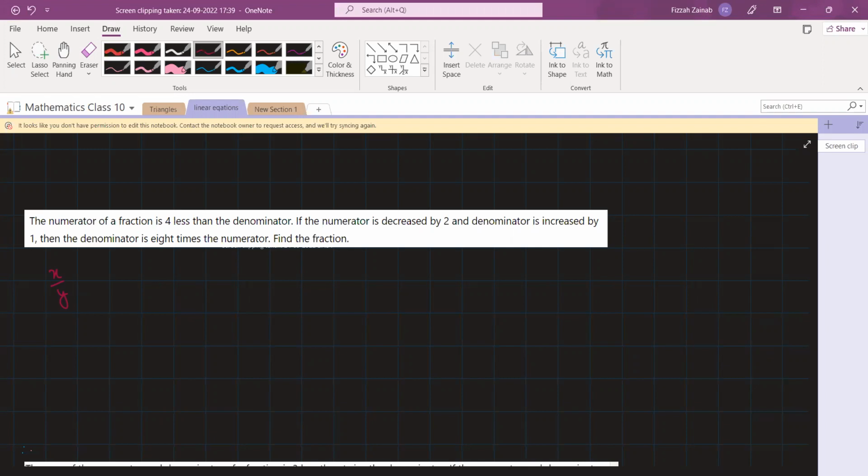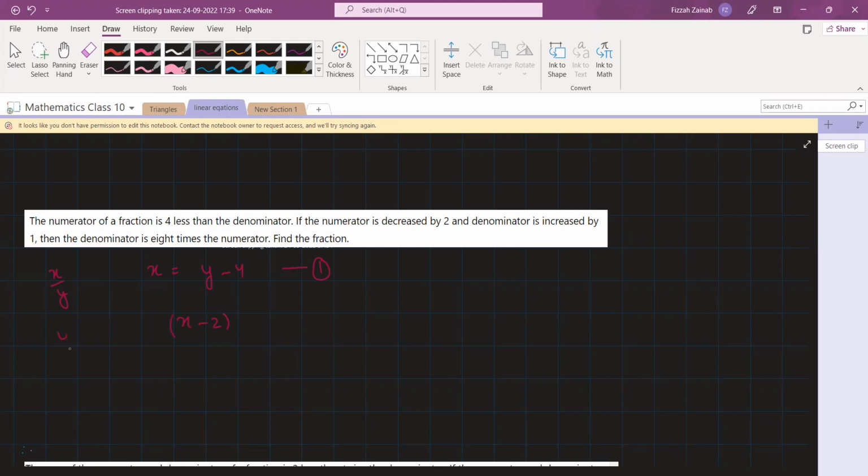The numerator of the fraction, that means x, is 4 less than the denominator. So x is y minus 4, first equation, right? If the numerator is decreased by 2, so x minus 2, and the denominator is increased by 1, the denominator is actually y, right?